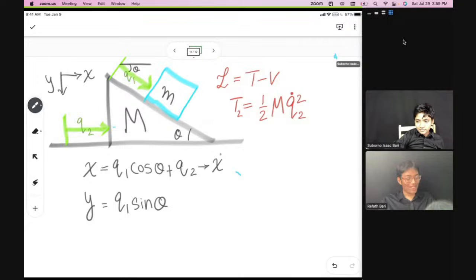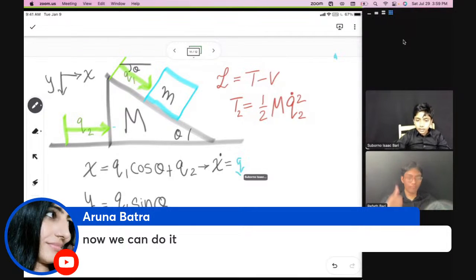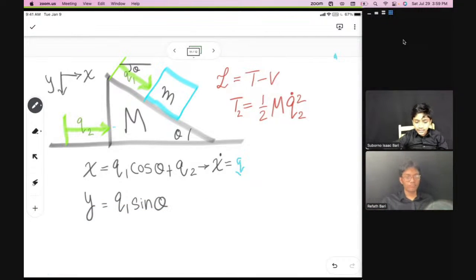What is x dot? Well, x dot is with respect to time, so wait a second. Well, theta doesn't change. Theta is the constant here. Absolutely.